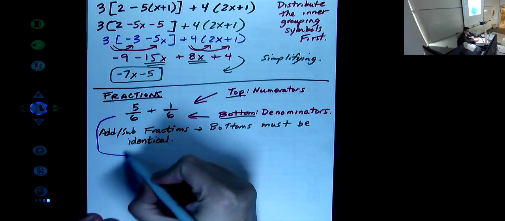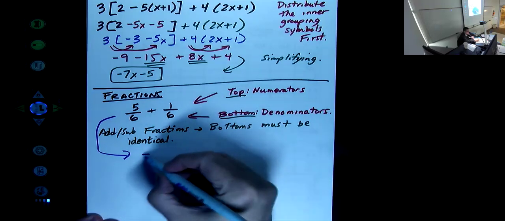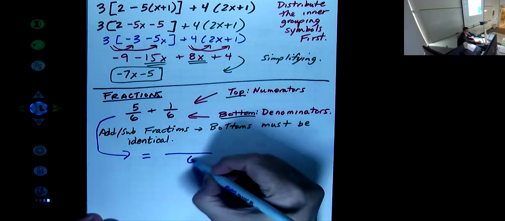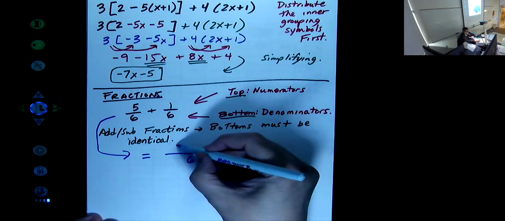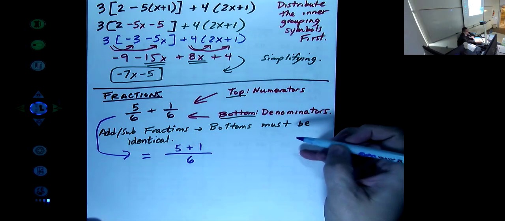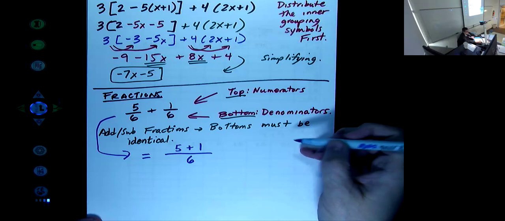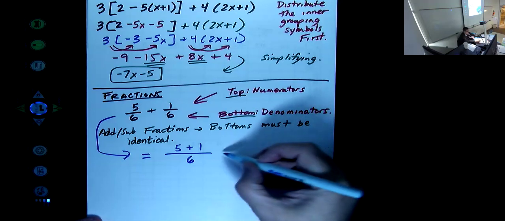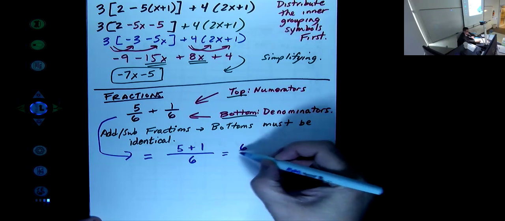When they are, this is equivalent to having one single denominator and putting 5 plus 1 on top. And we add the 5 plus 1 and we get 6.